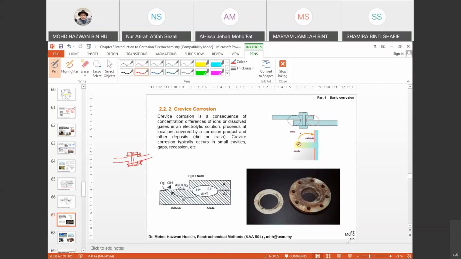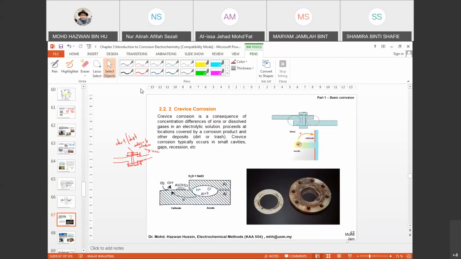So what happens if you have a gap? This can trap dirt or dust or anything like trash. When you have dirt trapped in this gap or cavity, it can easily absorb water or moisture to make this region more humid.